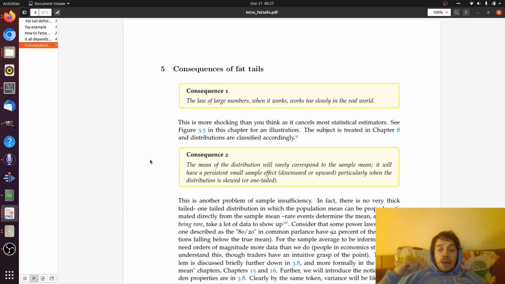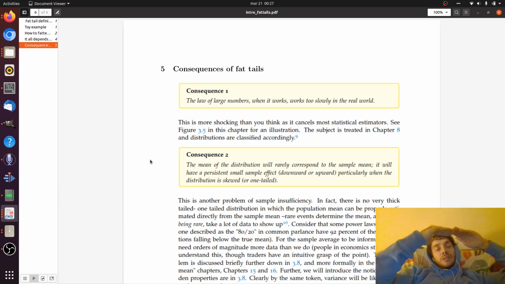Yet a lot of them are modeled through the Gaussian. Why? Because the Gaussian allows you to make nice models, nice calculations, and run statistical tests. And it allows you to publish papers too, because you have made a model of nature in some way. The problem is that if you use a thin-tailed distribution to model a data-generating process that has fat tails, a lot of things go out of the window.